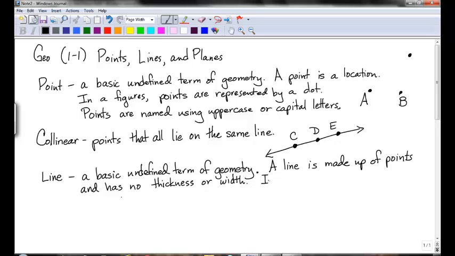In a figure, a line has an arrowhead at each end.